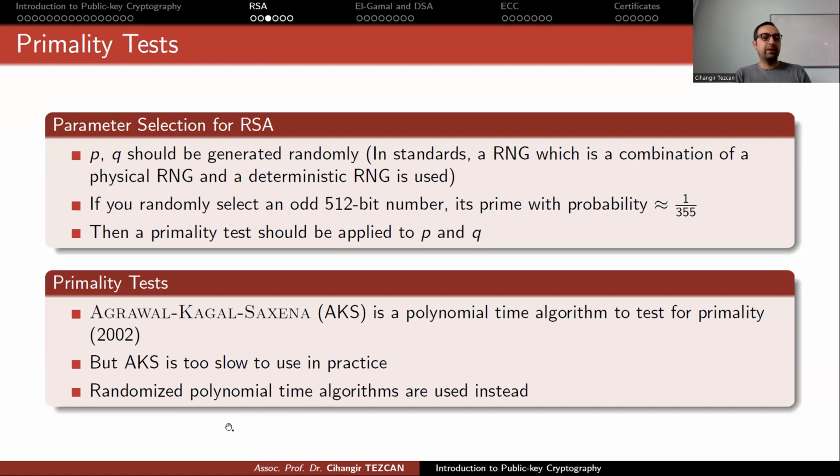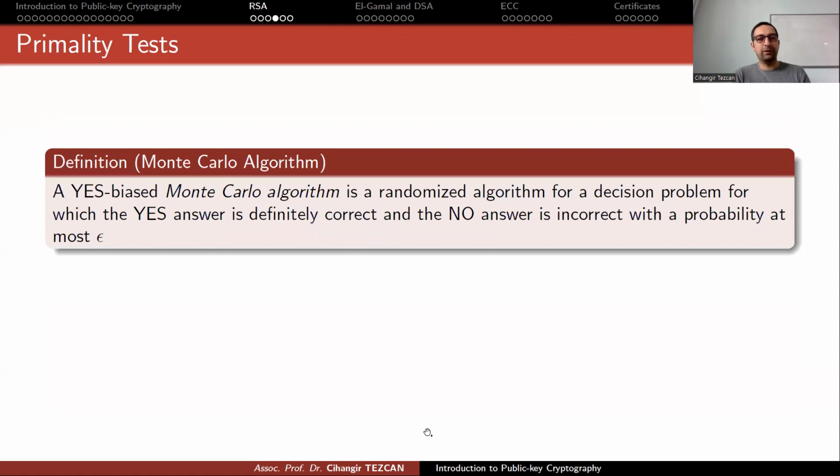For this reason, in practice, we use randomized polynomial time algorithms. Okay, so let me explain what a randomized algorithm is. Sometimes we categorize algorithms like Monte Carlo algorithms. A yes-biased Monte Carlo algorithm is a randomized algorithm for a decision problem for which the yes answer is definitely correct and the no answer is incorrect with a probability at most epsilon.